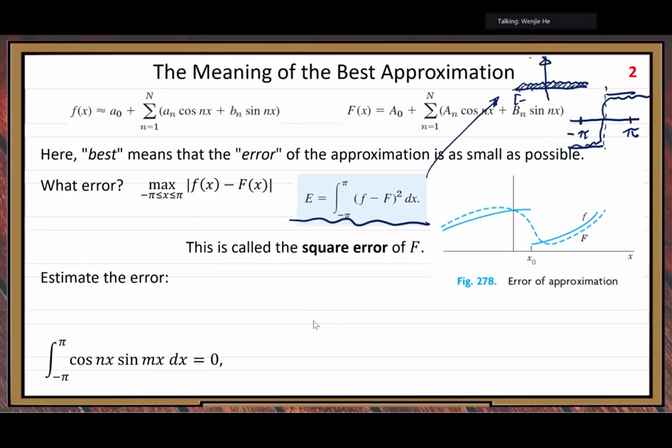One way it is better is that when we do calculation, the second error is more friendly than the first error. Why? Because for the first error, you have the absolute value function. Then when you take the derivative, it's hard, right?